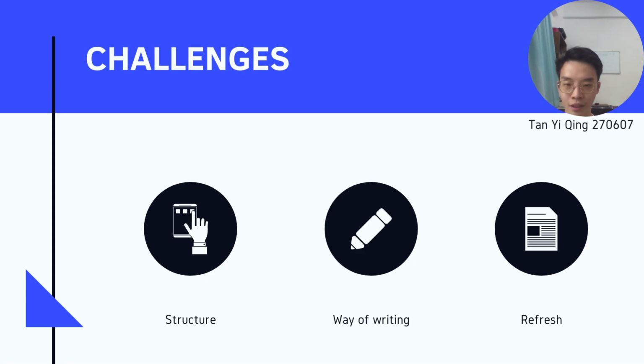When we use JSP, whenever we refresh, the data is still maintained, but for JavaScript it's not, it's different from JSP. So the challenge that we face is we need to make sure all the data is synced together whenever we refresh, to prevent it from becoming blank. So these are all the challenges that we faced when we composited the components to become this system.